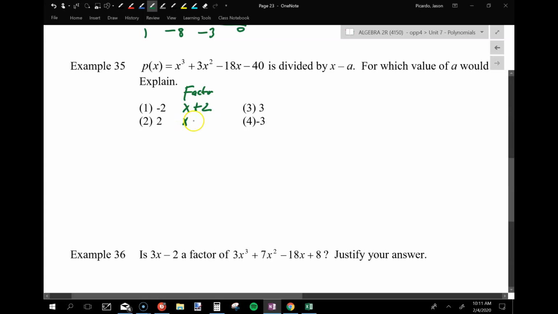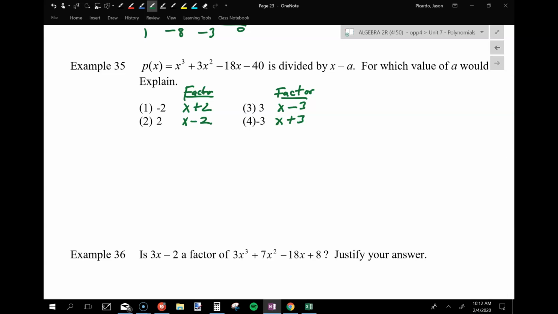This would be a factor of x minus 2. This would be a factor of x plus 3. This would be a factor. Oh no, it wouldn't. Sorry. X minus 3. This would be x plus 3. And then what would I do with those things? I would take them and check each one to find the one that gives you a remainder of 0.